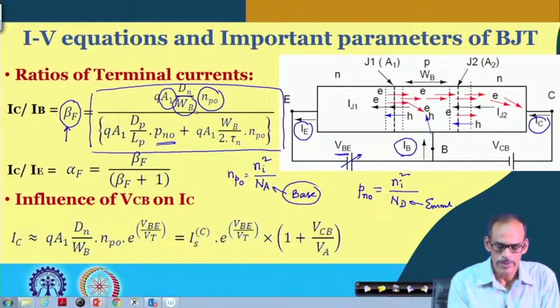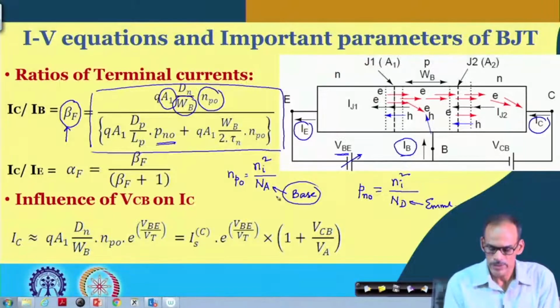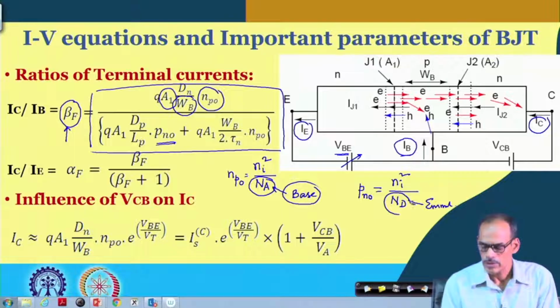One is the base width, another is the doping concentration in the base region, and also the doping concentration in the emitter region. Those are the detailed parameters related to the device.